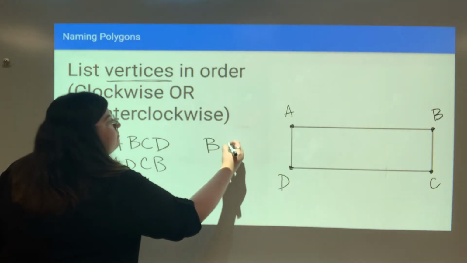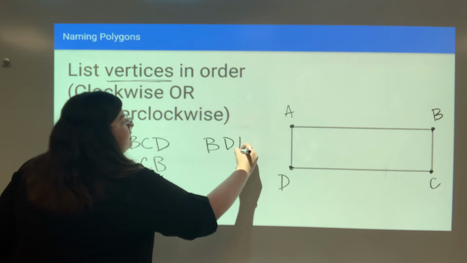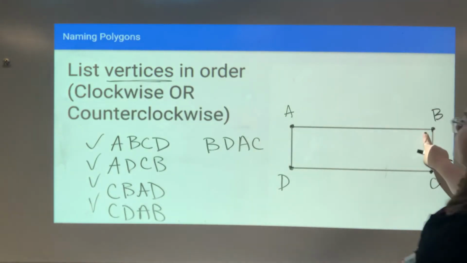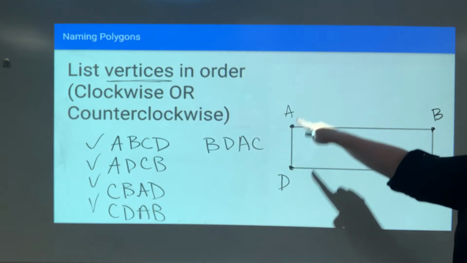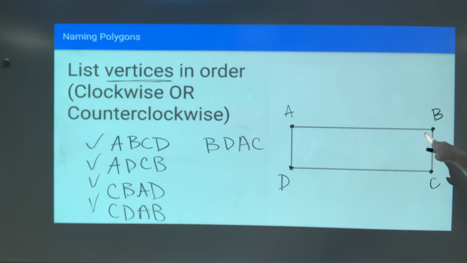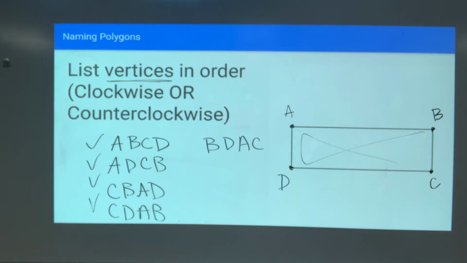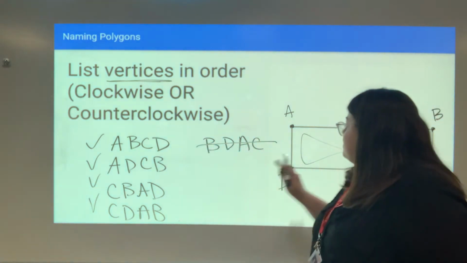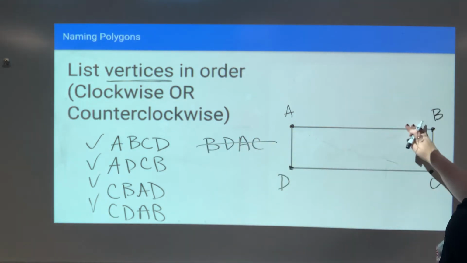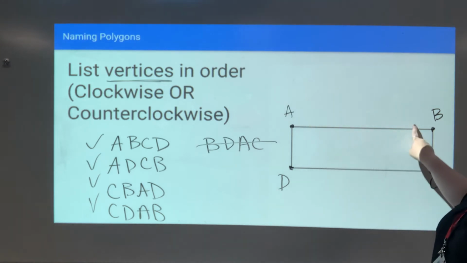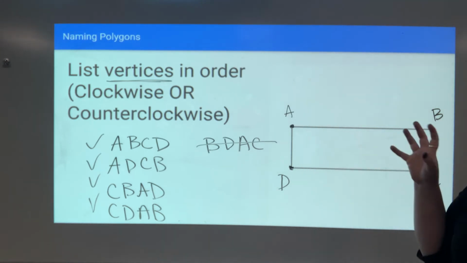If I said B, D, A, C. Did I pick a vertex and stick with the direction? I picked B. Did I go clockwise or counterclockwise? No, I went B, D, A, C. I did not pick a direction at all, so that is not a good way to name it. Again, you've got to be careful. If you wanted to name this A, B, D, C, you can't do that.